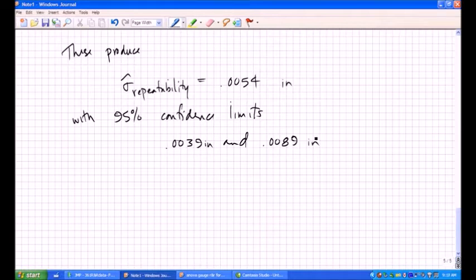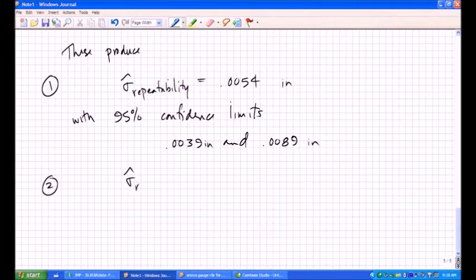So that is an estimate of the standard deviation that one operator would see repeatedly measuring the same part. So that's the first kind of thing that comes out of these calculations.